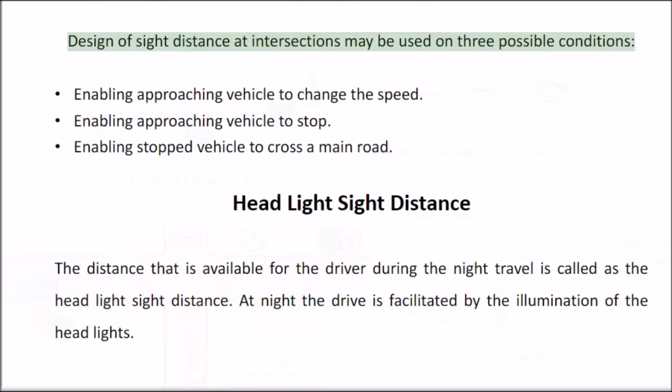Design of sight distance at intersections may be based on three possible conditions. Enabling approaching vehicle to change the speed. Enabling approaching vehicle to stop.